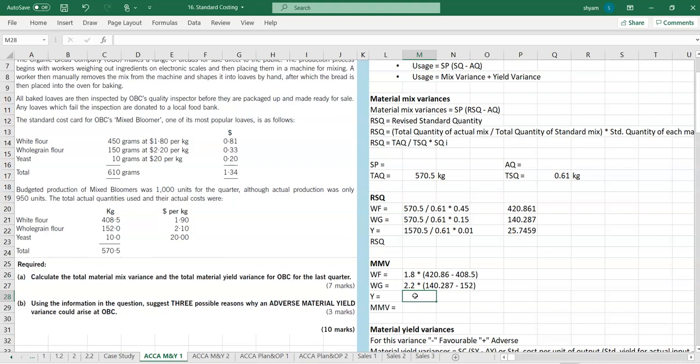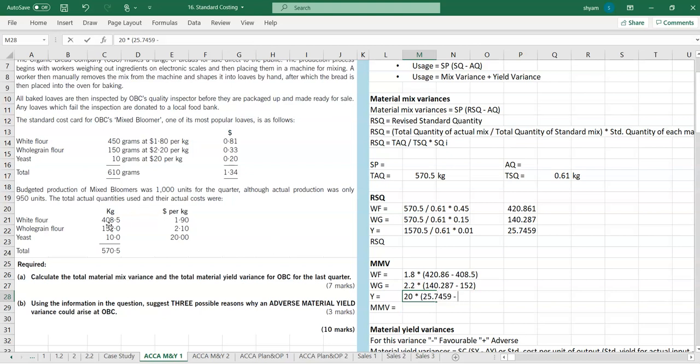So the last one is SP. Standard price is $20 per kg into RSQ, which is 25.74 minus AQ.